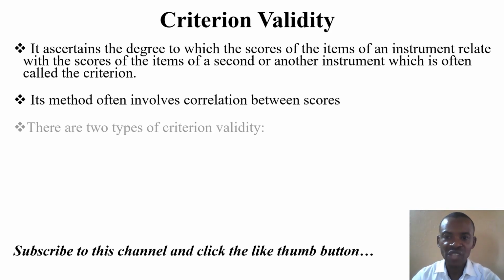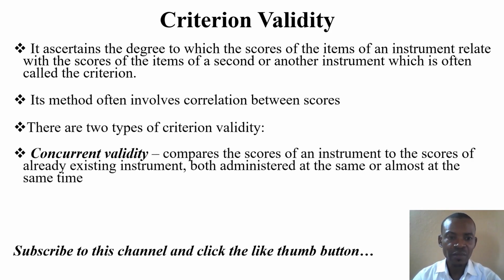However, there are two types of criterion-related validity. The two types include concurrent validity, and concurrent validity simply compares the scores of an instrument to the scores of already existing instruments, both administered at the same time or almost at the same time.